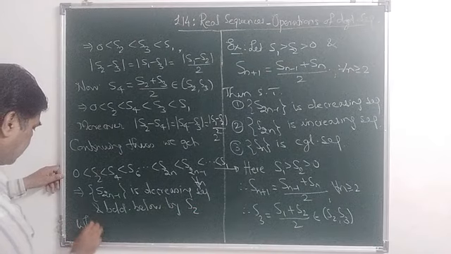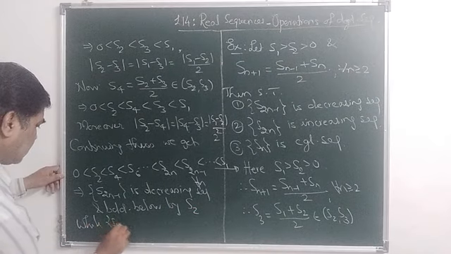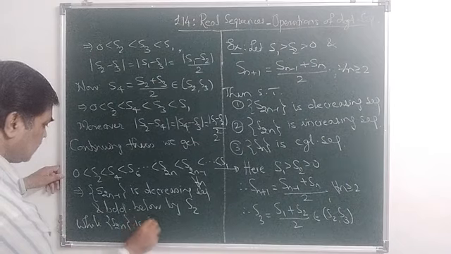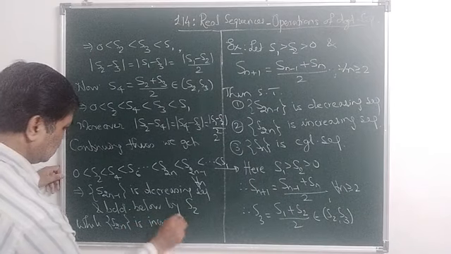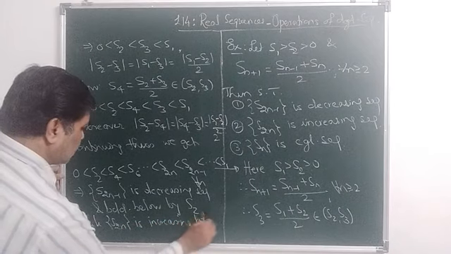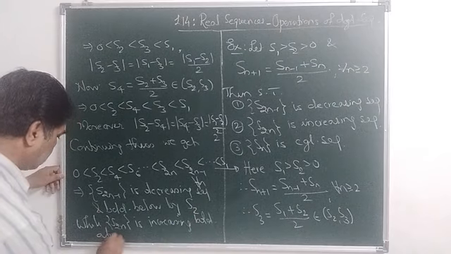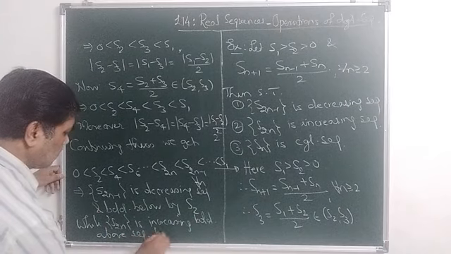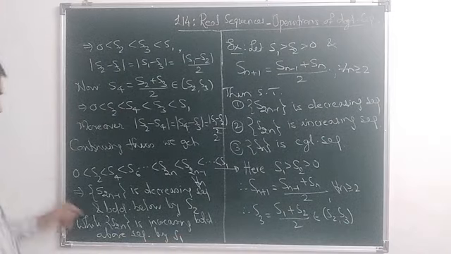while S2n is an increasing bounded above sequence, bounded above by S1.